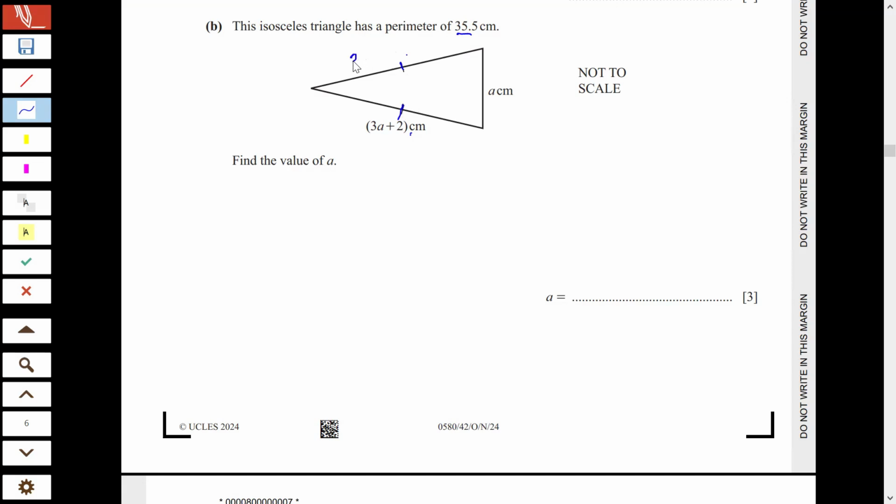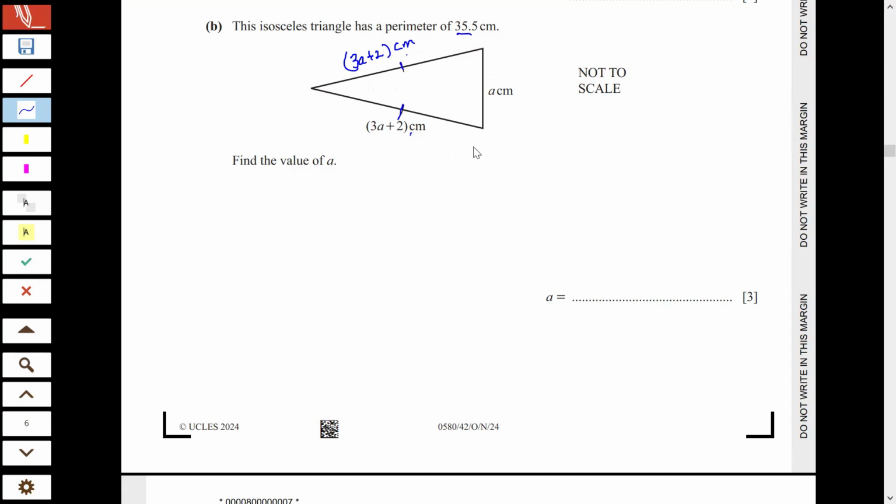So I'm going to write here 3a plus 2 centimeter. Now the perimeter is simply the distance around the object. So to find the perimeter of the isosceles triangle, it's just simply going to be the addition of the sides.